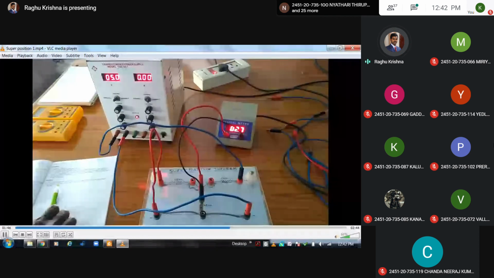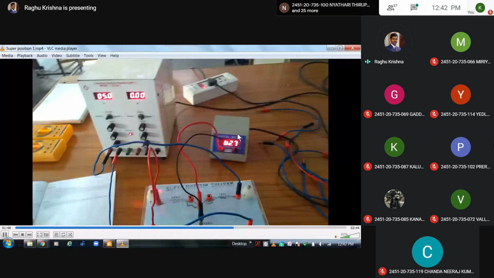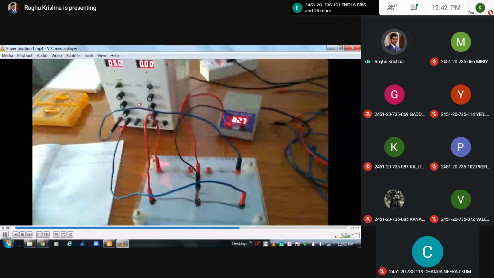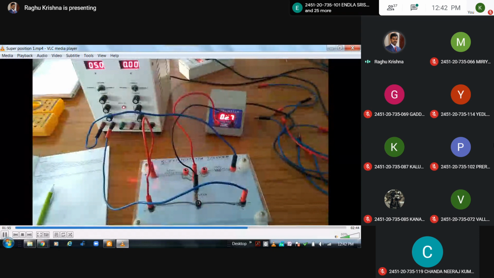Next, I am going to apply the voltage at both sides. I am making V1 as 5 volts and V2 as 5 volts in the next step.